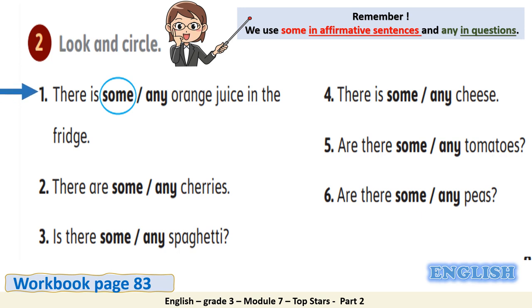Number 1 is done for you. There is a full stop. It means this is an affirmative sentence. That's why we have to choose some. There is some orange juice in the fridge. Now pause the video and try to answer correctly.